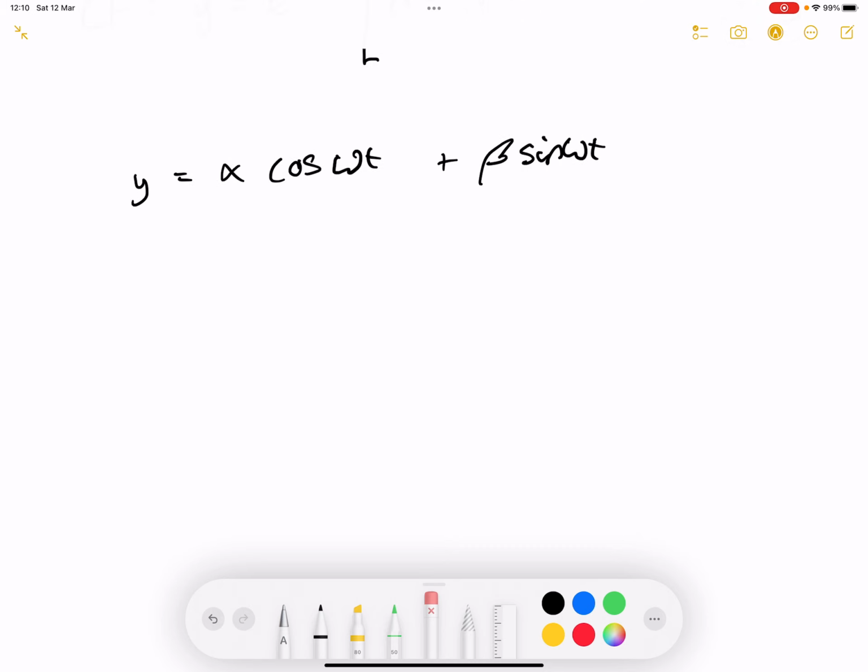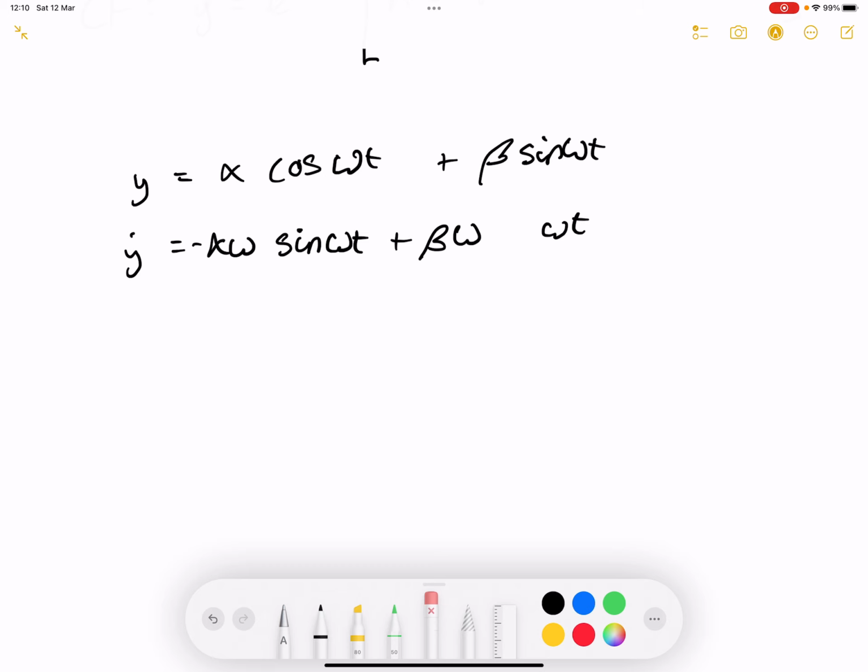Okay, so then we find y dot, which is going to be minus alpha omega sine omega t plus beta omega cos omega t.